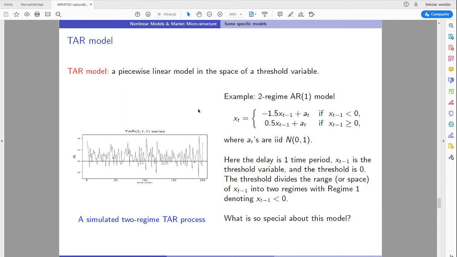And so our first non-linear model, or non-completely linear model, is the TAR model. This is a piecewise linear model in the space of the threshold variable we're working with, which means this is mostly one linear model in one interval and a different linear model in the other case.